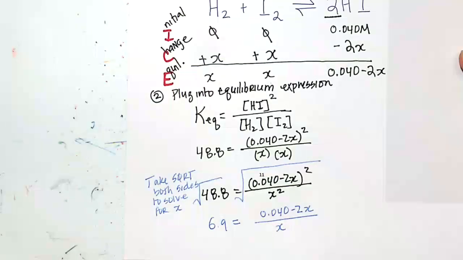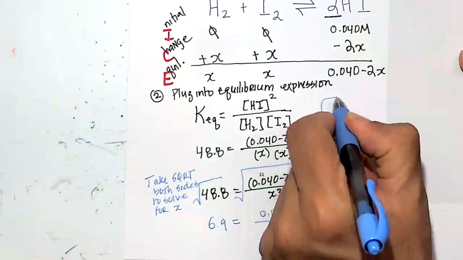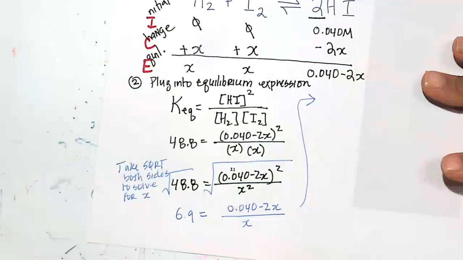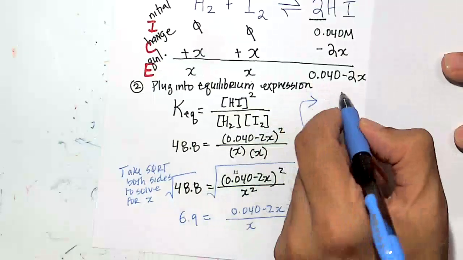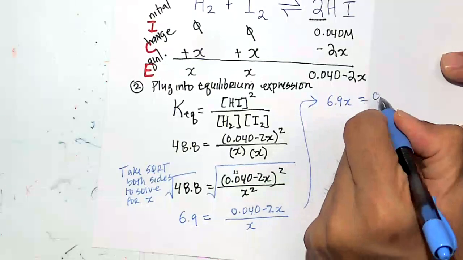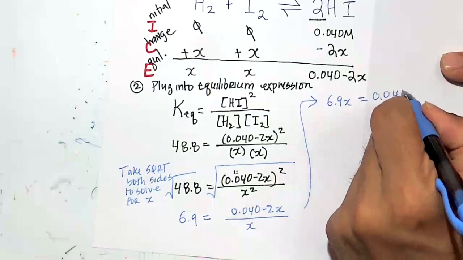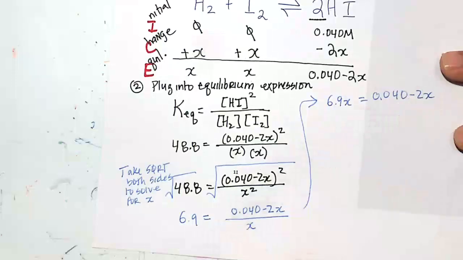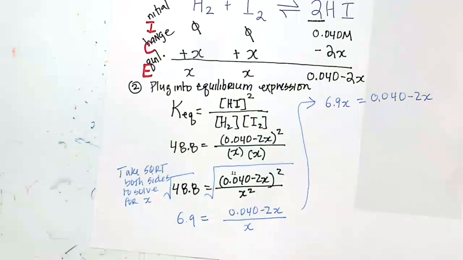Now we'll solve for x. Can we do this math? Now this just becomes algebra. So I'm going to multiply both sides by x. 6.9x is equal to 0.040 minus 2x. Everyone see this?